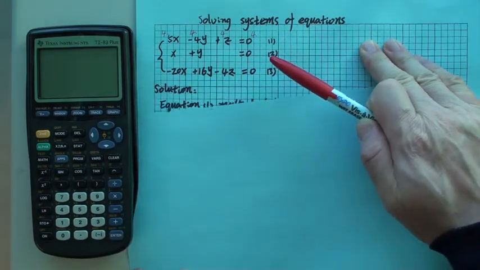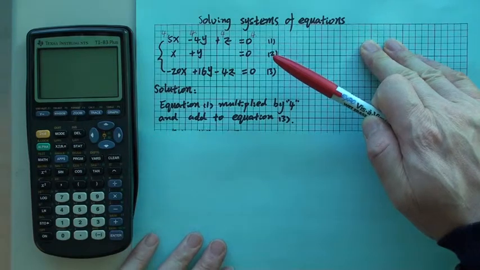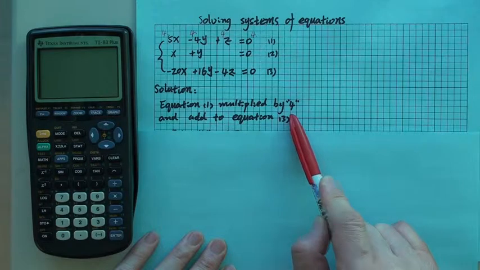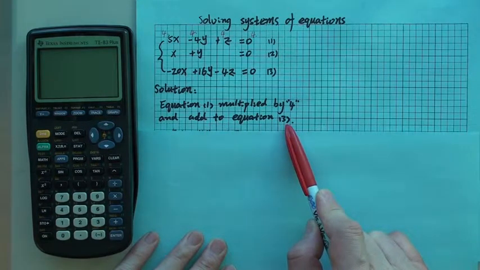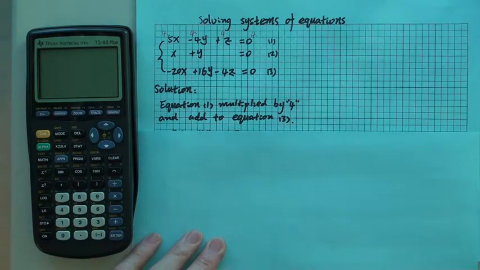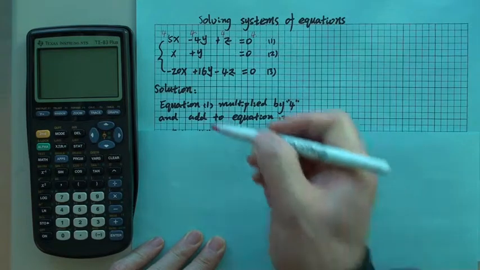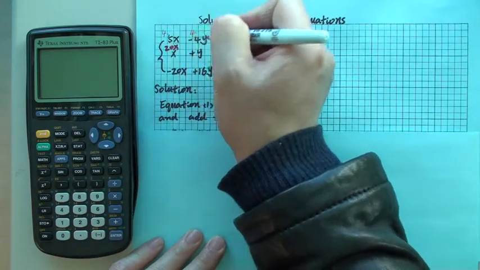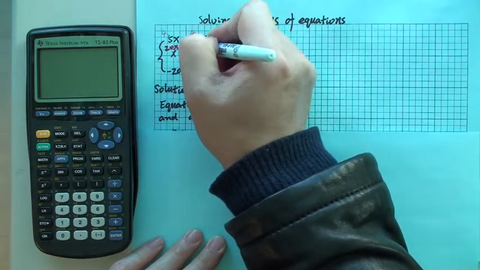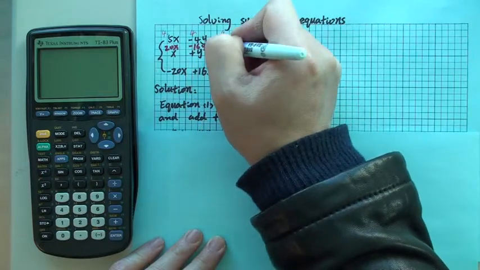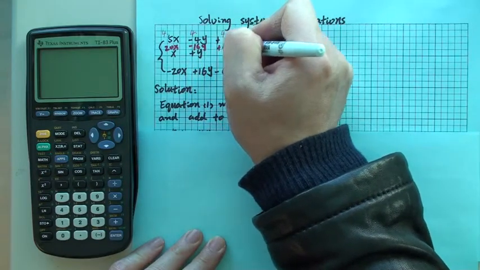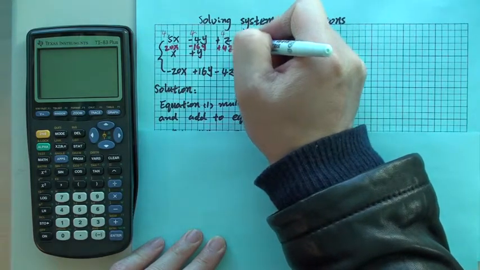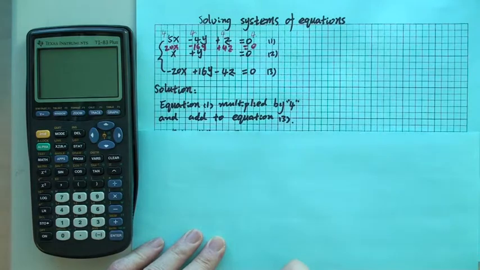You can see down here what I wrote is equation 1 multiplied by 4 and added to equation 3. Multiplied by 4, what do we get? 20x, negative 16y, and then 4z equals 0. 4 times 0 is 0.